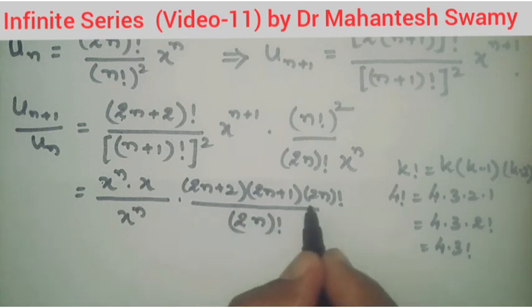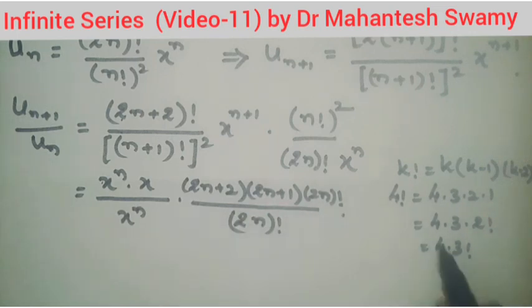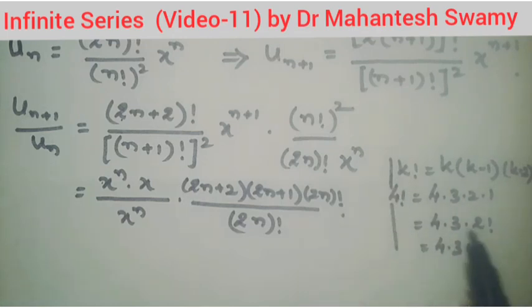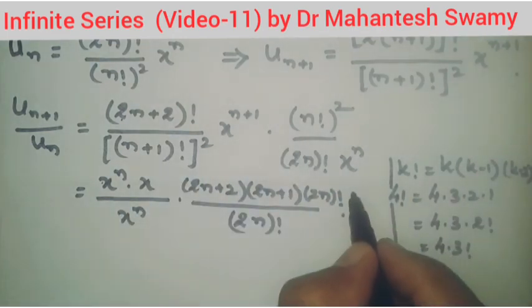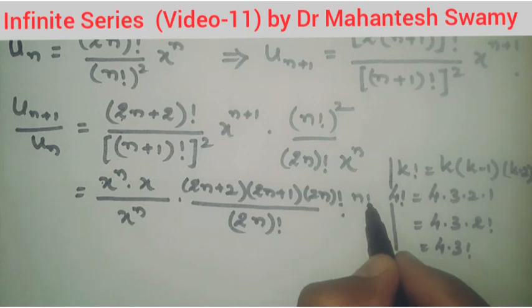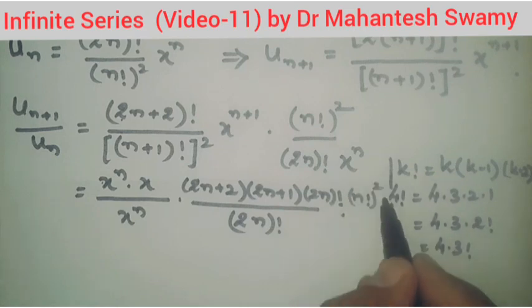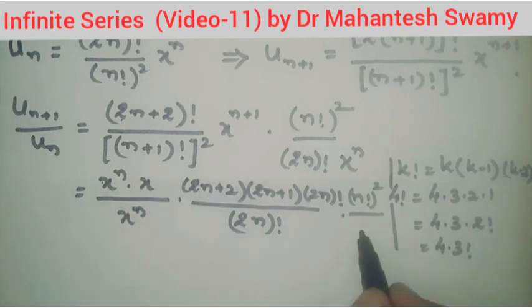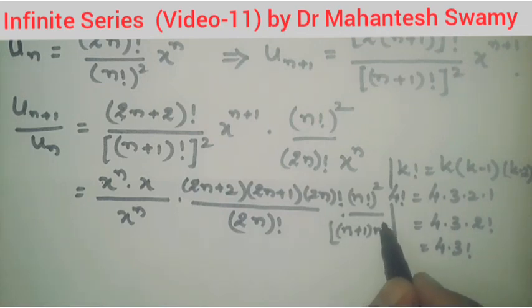Together (2n)! terms we are taking together. The remaining thing is (n!) whole square, divided by, here (n plus 1)! can be written as n plus 1 into n factorial, and the square of that I have taken.